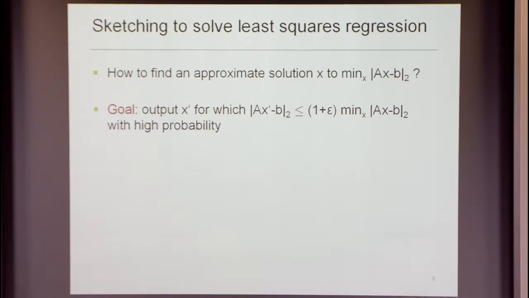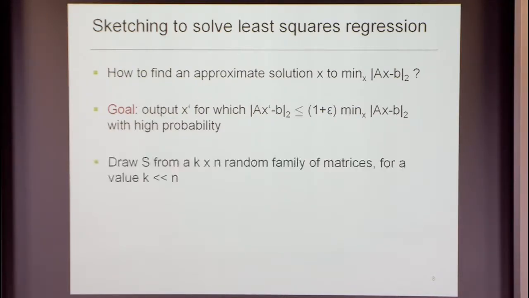And the way to use sketching is sort of a sketch and solve paradigm. So let me just state the idea here. You draw a matrix S from a random family of matrices, and I'll go over different families. Now S is a very wide fat matrix. It's a k by n matrix where k is small, so think of it as independent of n.